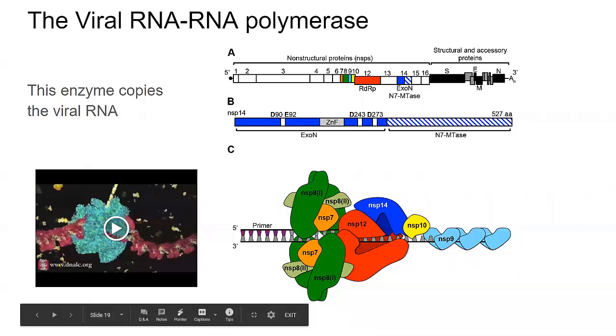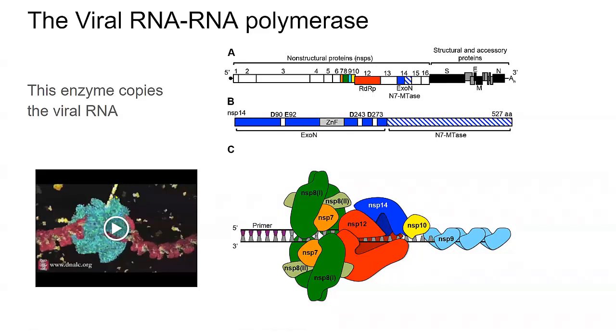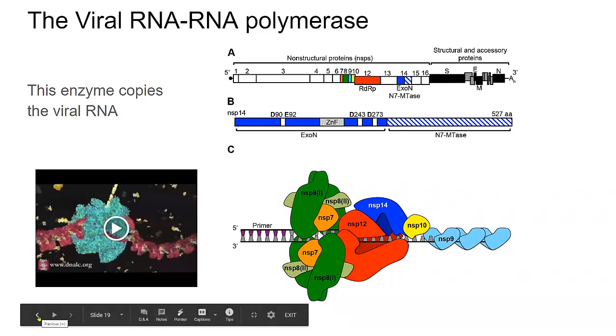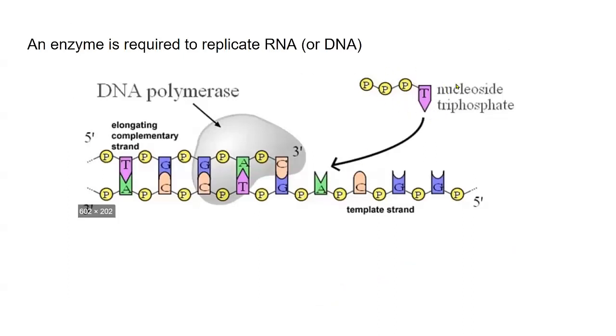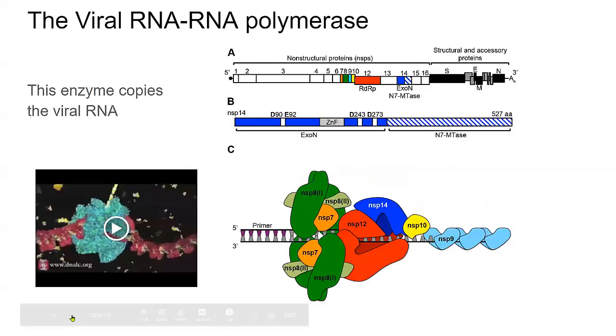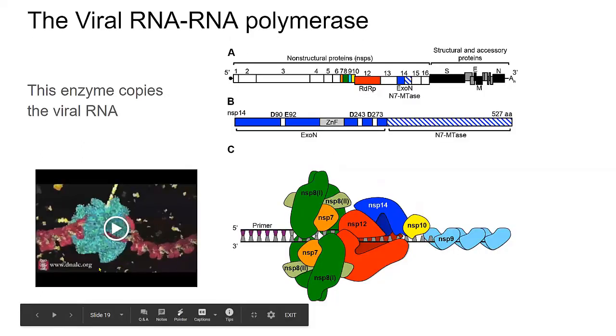And then these little yellow things floating around, those are the building blocks that make up the RNA or DNA. One at a time, one at a time. They get bonded together in a chain here. This enzyme is reading the information from the original strand.